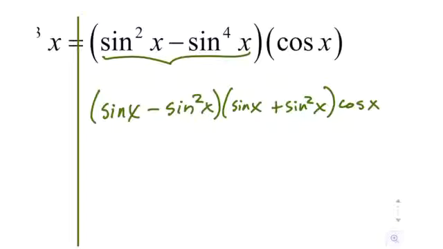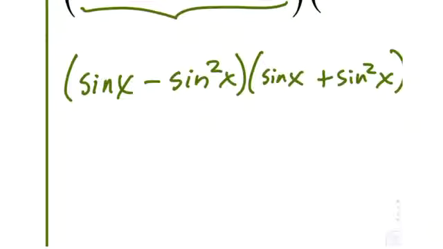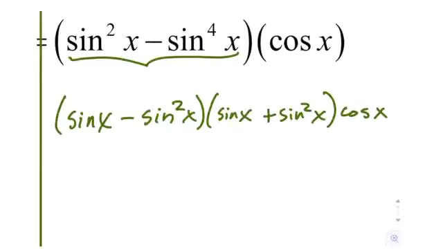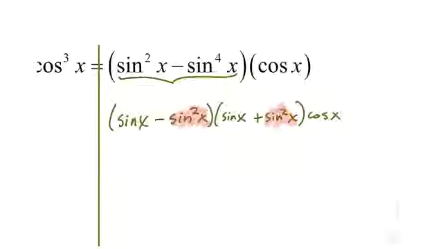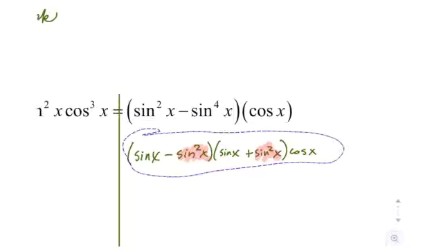Now, when you do that, if you notice your target on the left, you do want to end up with the sine squared. And you have some sine squareds in here. So would you then change these sine squareds to 1 minus cosine squareds? Possibly. But in this case, just like conjugate over conjugate doesn't always work, difference of squares factors doesn't always work.